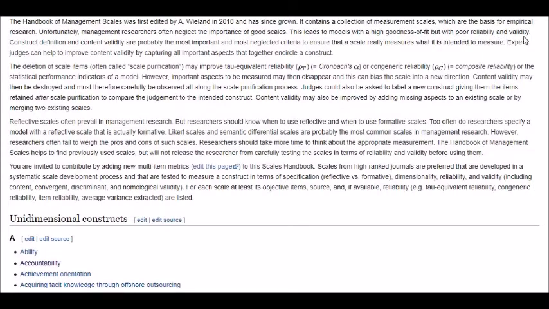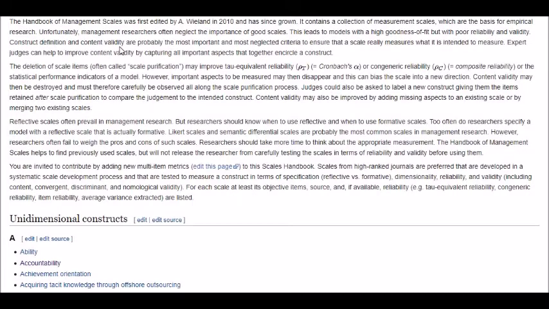This leads to models with a high goodness of fit, but with poor reliability and validity. Now you understand why I came across this, because I myself was thinking about the reliability and validity of the items that we place in our questionnaire.